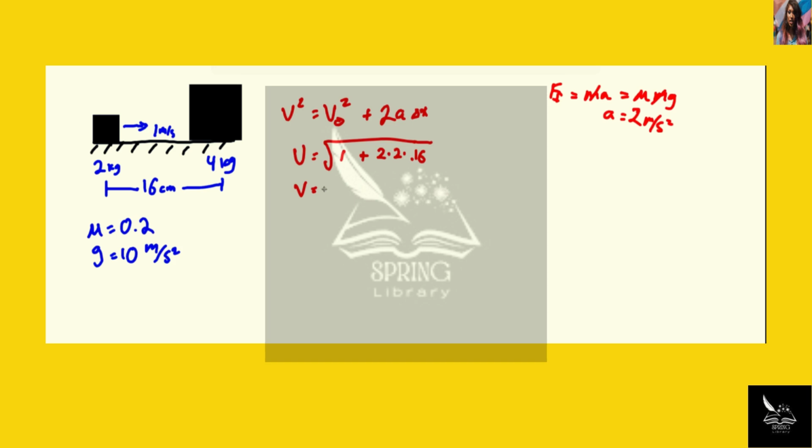And thus, we're going to get this velocity as 0.6 meters per second. So this is the velocity that the 2 kilogram block is going to strike the 4 kilogram block with.